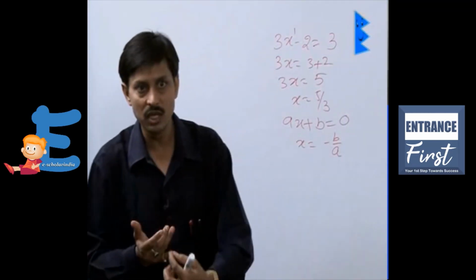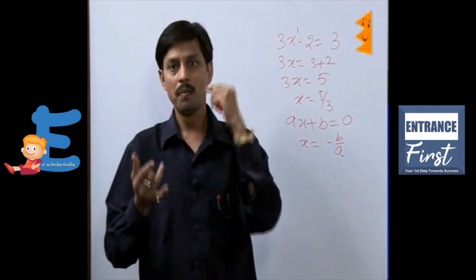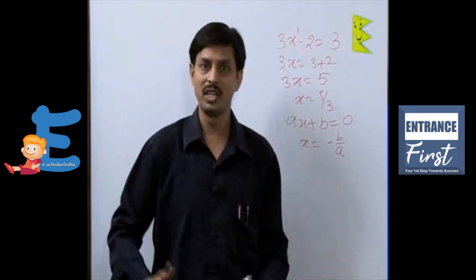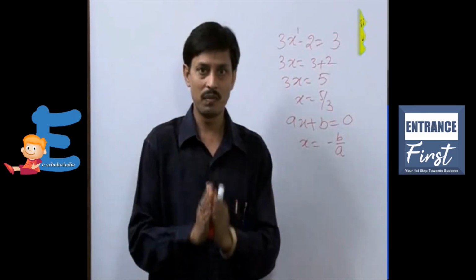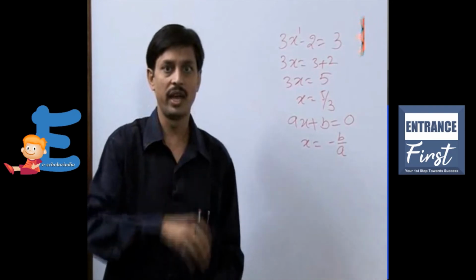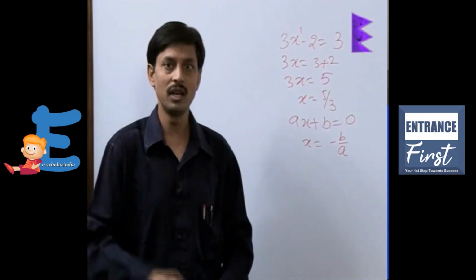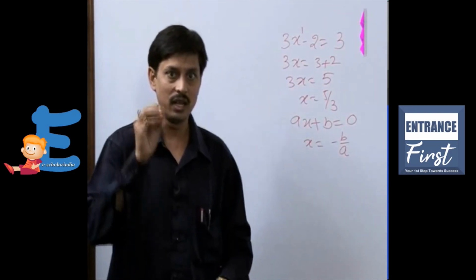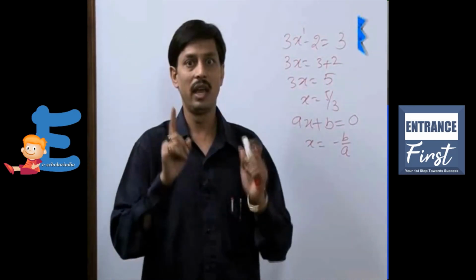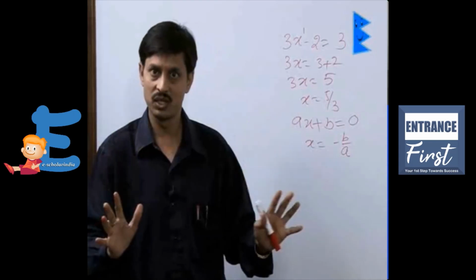Linear equations may be in one variable, two variables, three variables, four variables, and so on. But the mandatory condition to check that an equation is linear is that its power is 1.